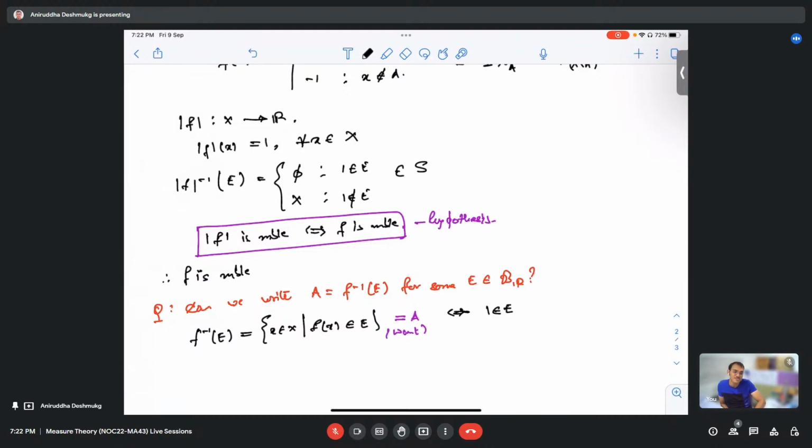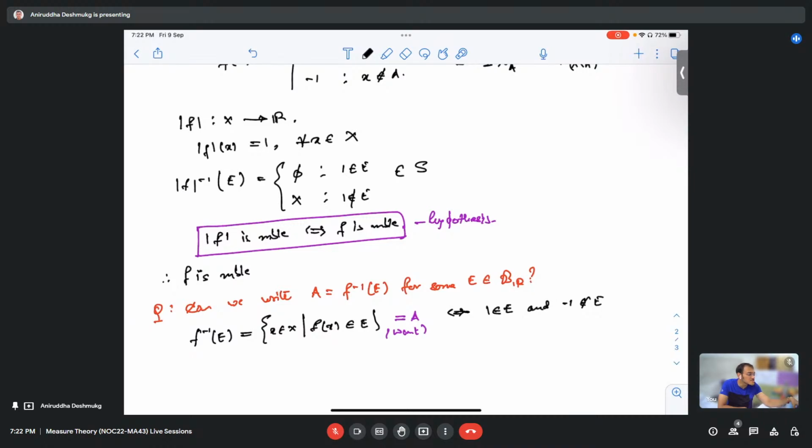That should be Borel sets also. And in fact, minus 1 does not belong to E, right? Because if minus 1 also belongs to E, then it would be A union A complement, the whole X would come out.